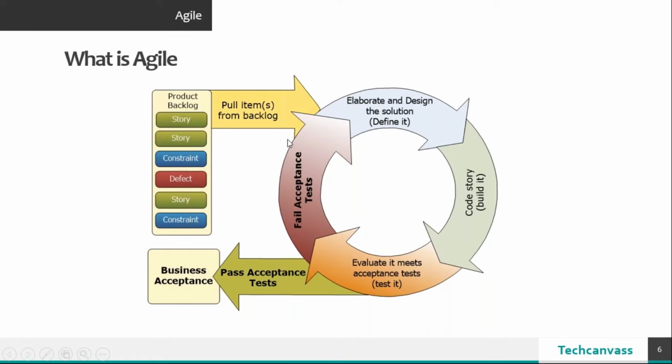So you pull the story from the top of your product backlog, then you do the elaboration of the story, you do the designing. Wherever you think you need to add a proper acceptance criteria, you need to add it. If you want to create certain mock-ups for the user stories, you can even do that in this phase.